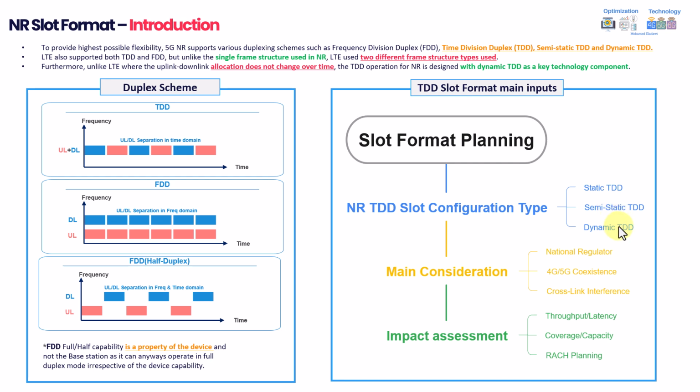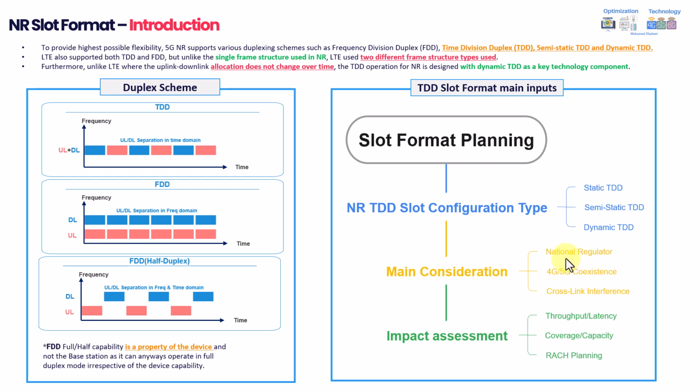However, whenever this is used, it can introduce something called cross-link interference, which we are going to explain as well. And there are some main considerations we usually take into account whenever making the slot format planning. For example, the first one is about the government.